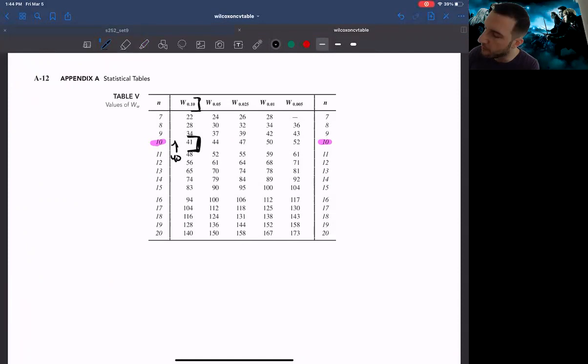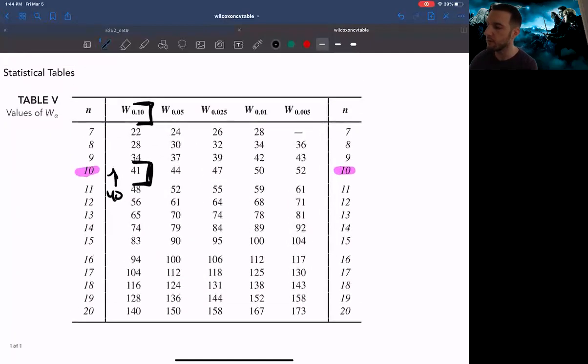So that means that the upper tail area is going to be greater than 0.1. Again, the way that we're using this table is exactly the same as how we use the t-table. Our test statistic is 40. 40 is smaller than 41, which means that the area to the right of 40 must be greater than 0.1.